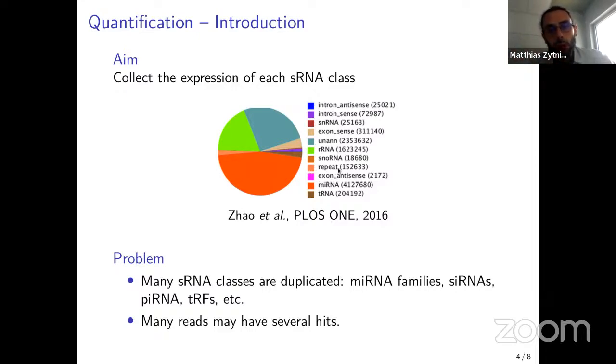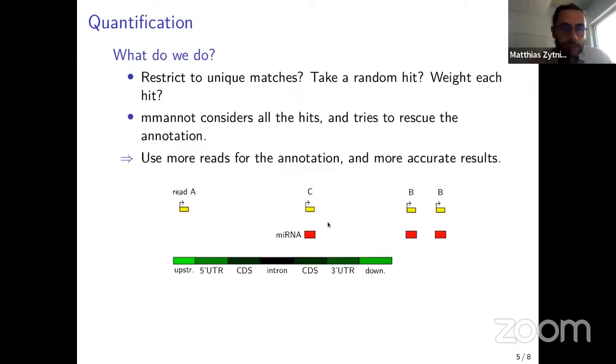Small RNAs which are linked to repeats are repeated, obviously, and the same goes for tRNAs. So let me show you a short example here. For instance, read A maps only once, so you want to say that this read is upstream, but the B reads can map at two different locations.